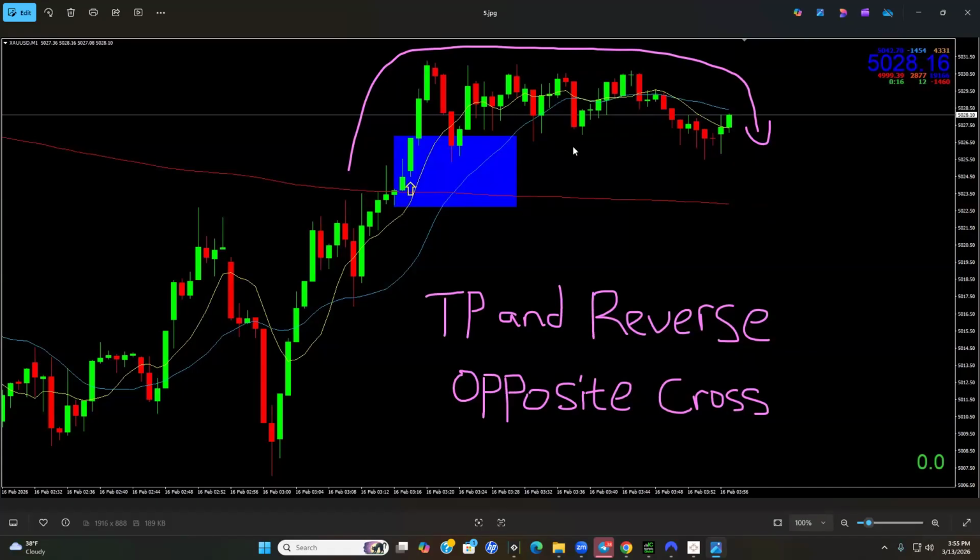Because you find out when you combine mana and the MPP, you have a better chance of winning because the point at which you then enter the trade itself would usually be lower than the takeout. So if that's the highest candle there, you want to take out this one, which means there'll be a line here.